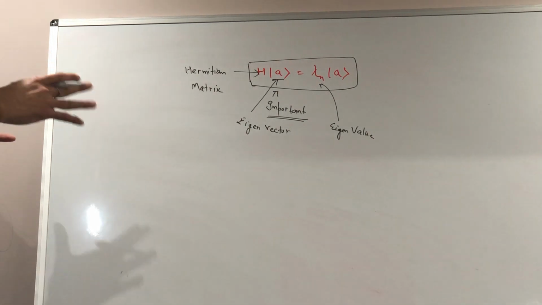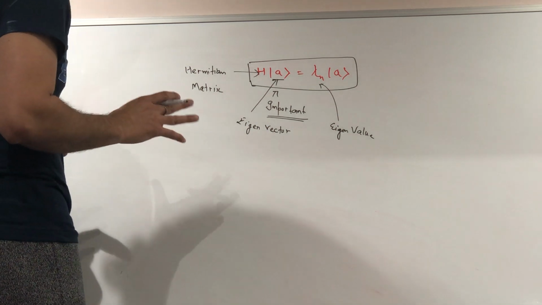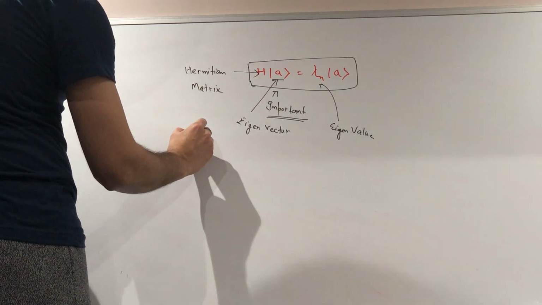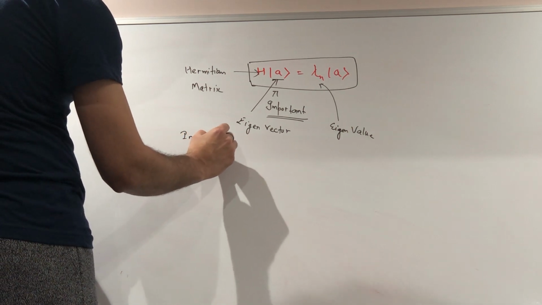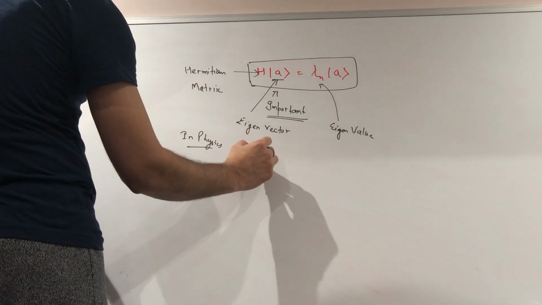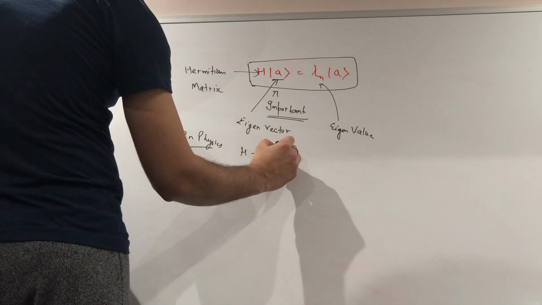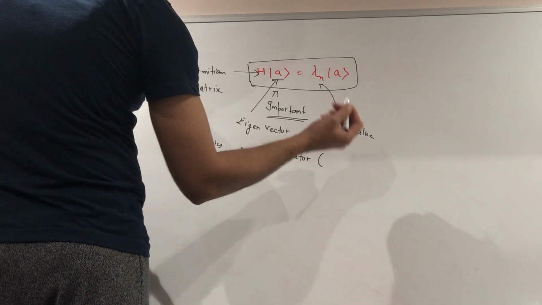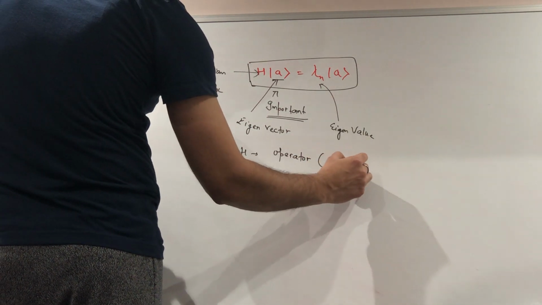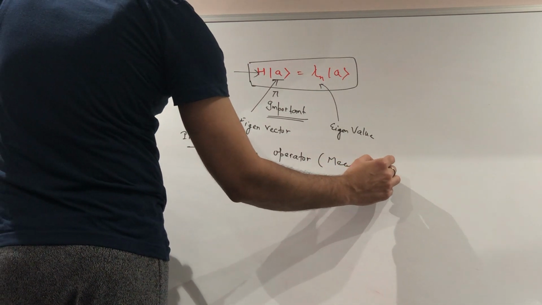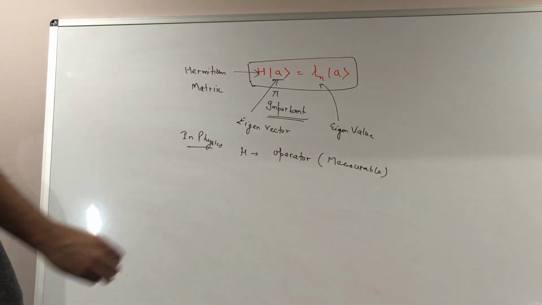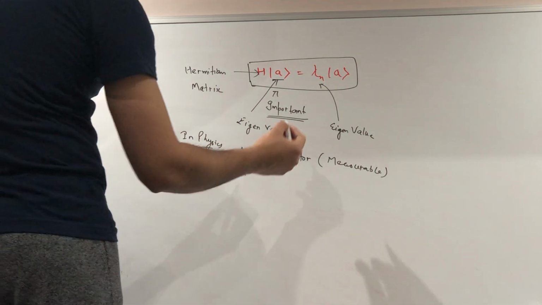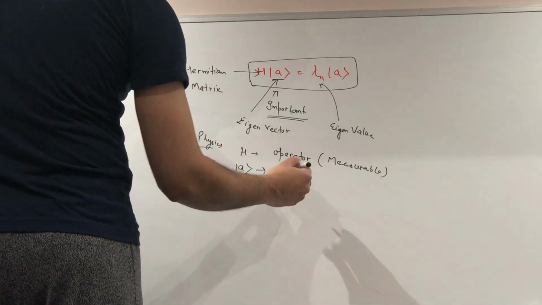Now, what does this mathematical term represent in physics? In physics, H represents an operator, or any measurable. This ket A represents the physical state the system is in.